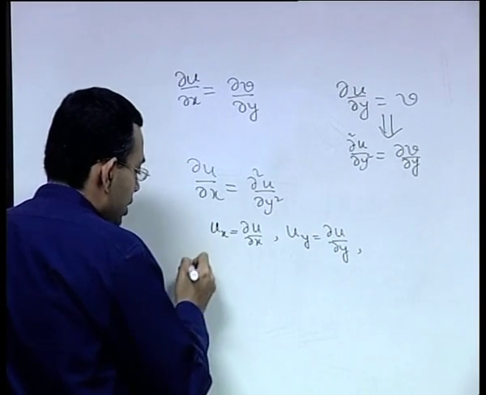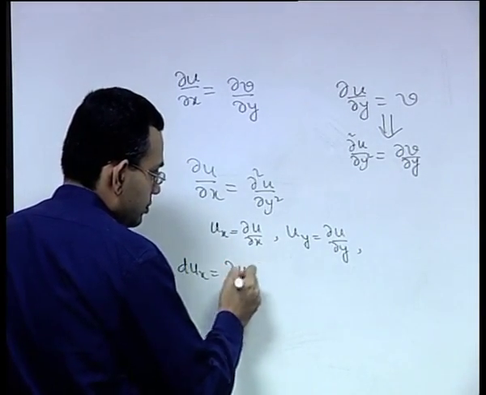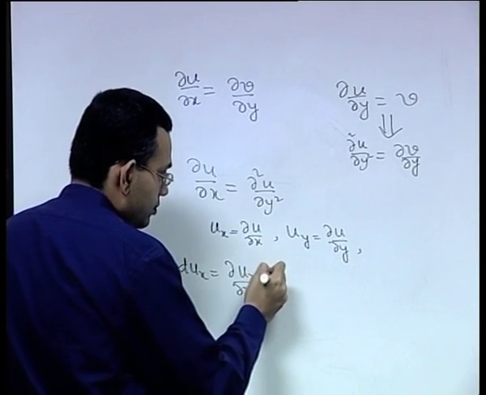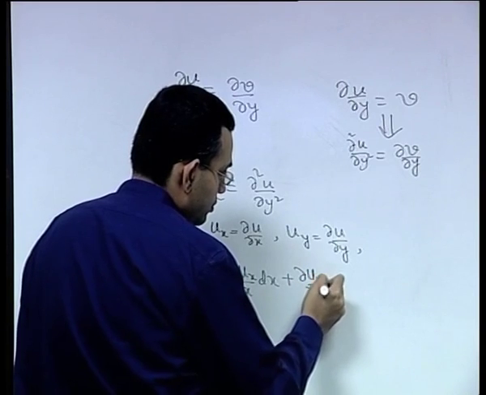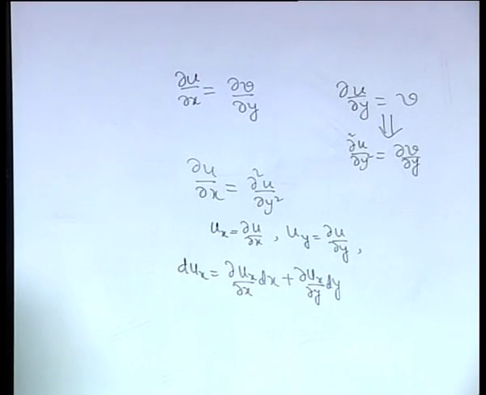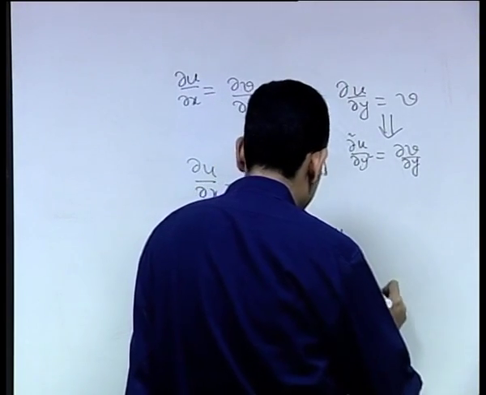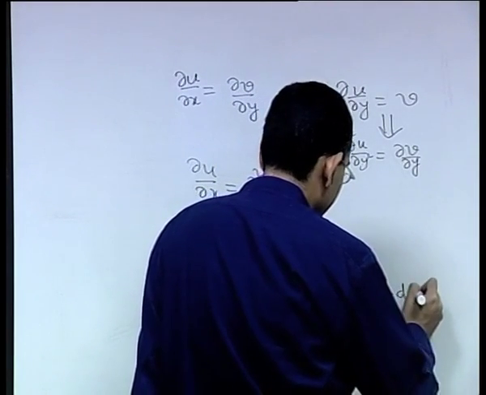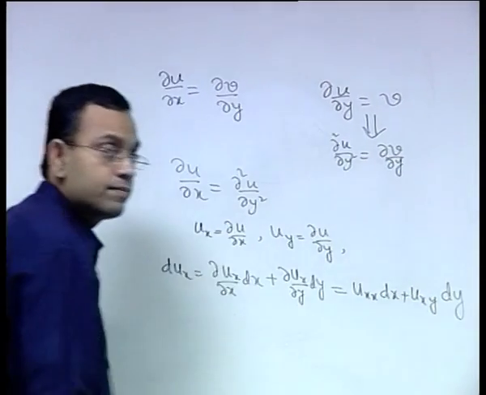So, we can write what is dux, because these are functions of x and y. So, by shorthand notation this is uxx dx plus uxy dy.